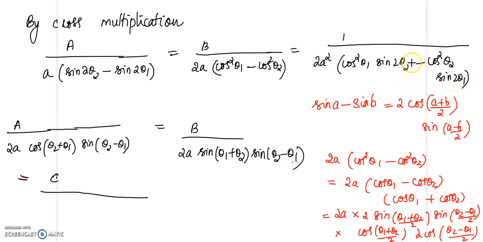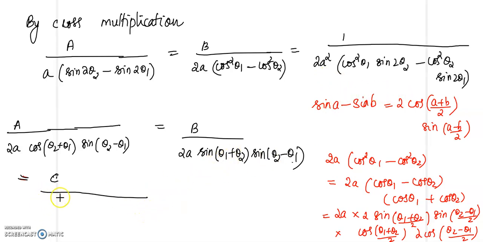It can be written as 2 sine theta 2 cos theta 2, and this can be written as 2 sine theta 1 cos theta 1. So from that you can take out 2 cos theta 1 cos theta 2. So remaining will be sine (theta 2 minus theta 1).